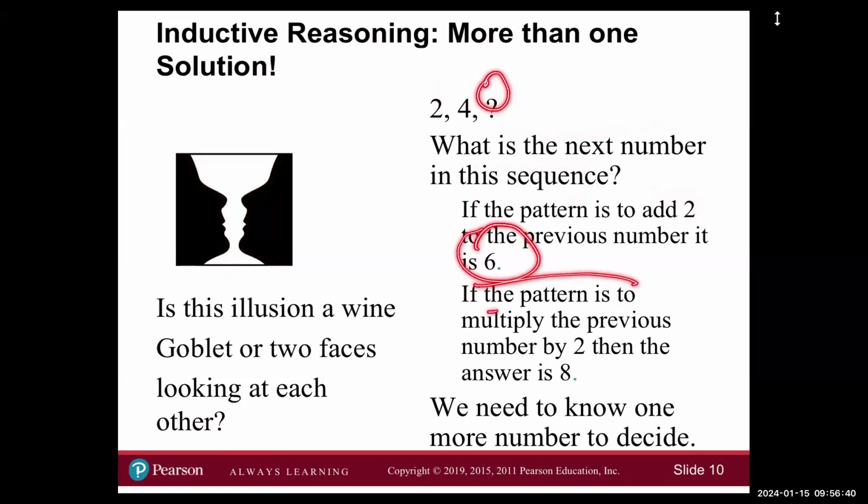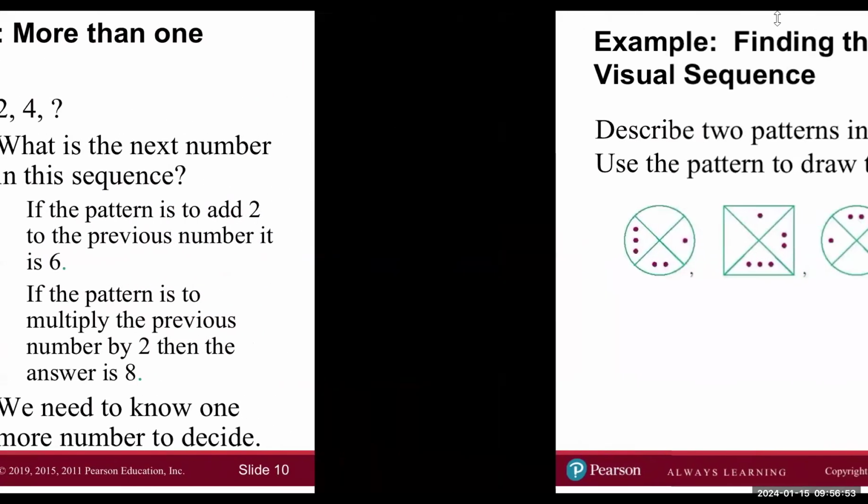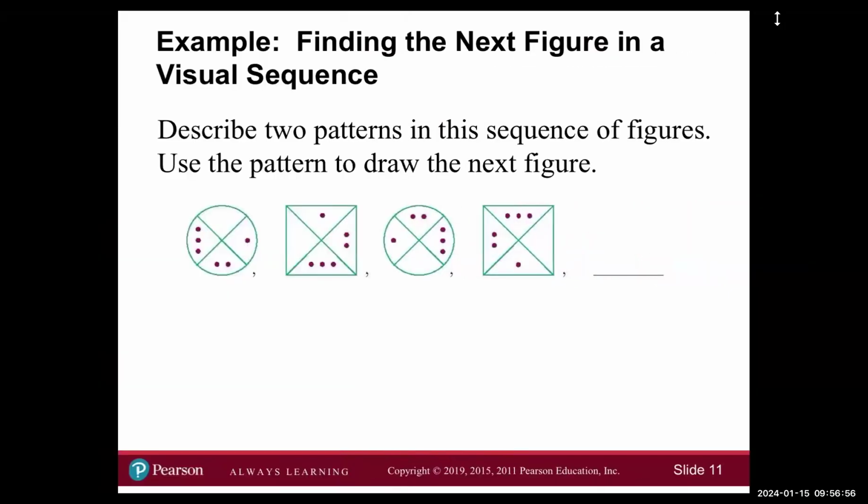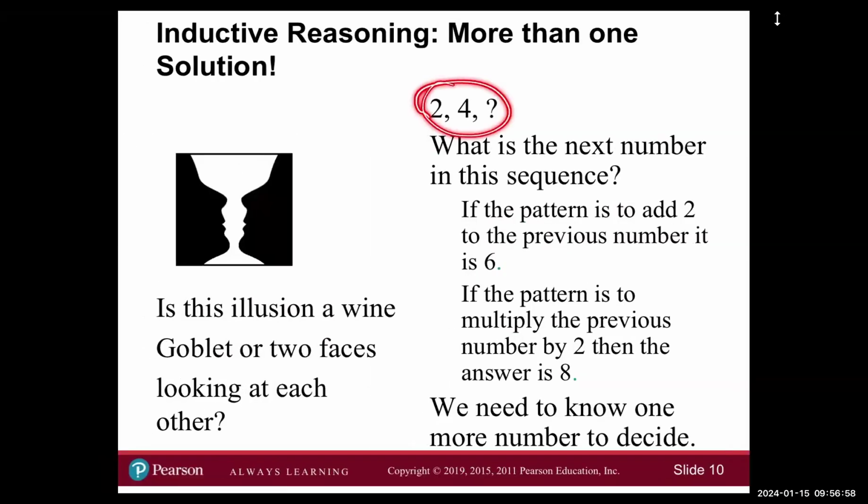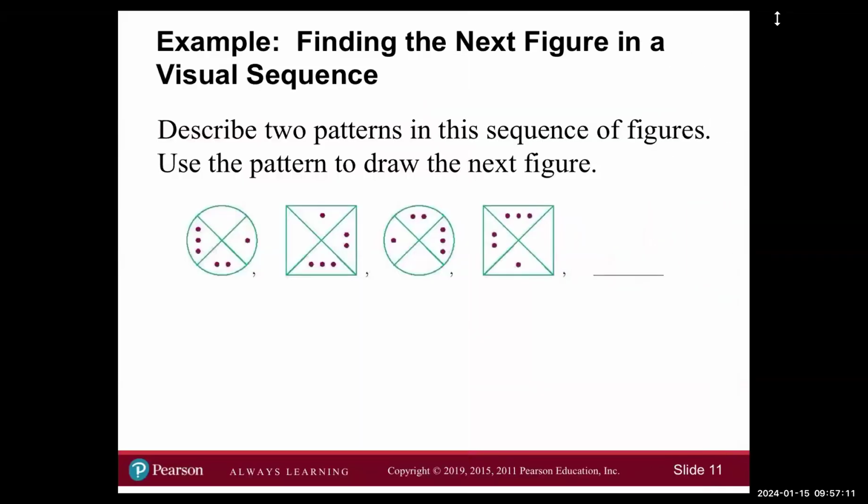If the pattern is multiplying by 2, then it should be 8. We need one or more numbers to decide, because with only 2 numbers we cannot decide yet. Either add 2 or multiply by 2 for the next number. If we have a third number, then we can know.